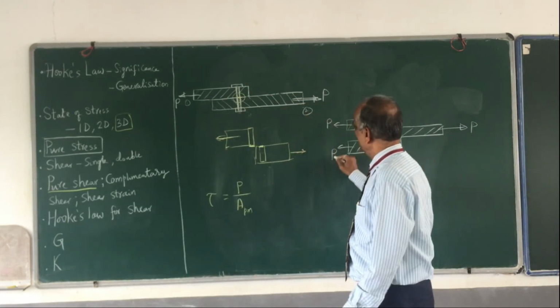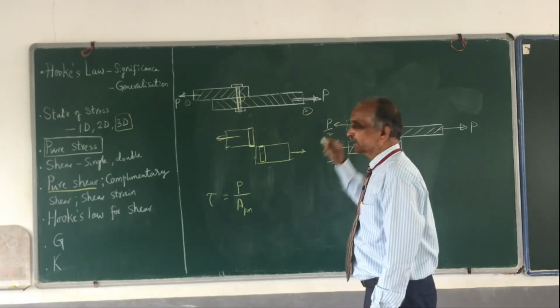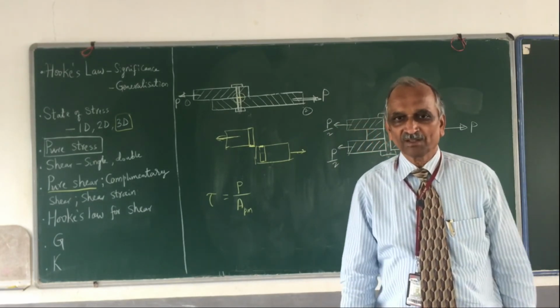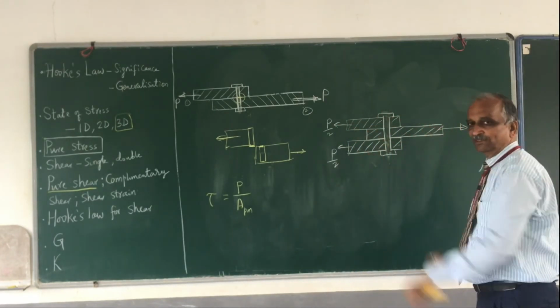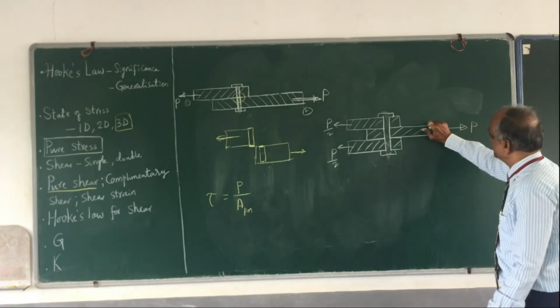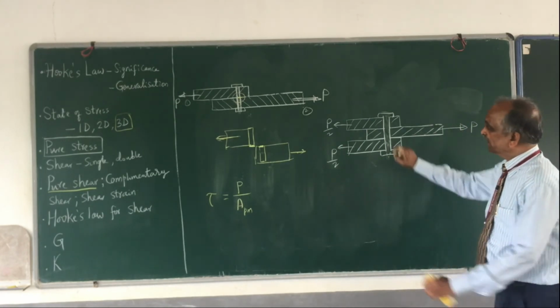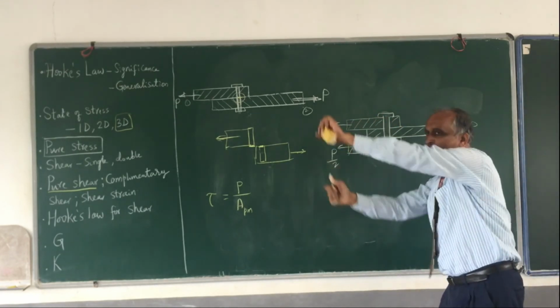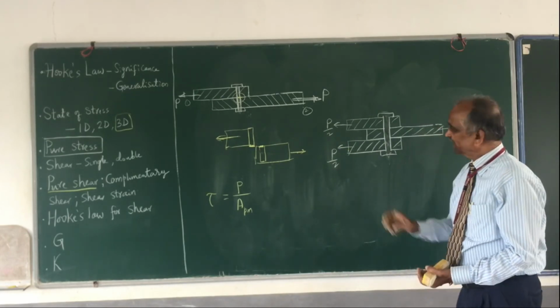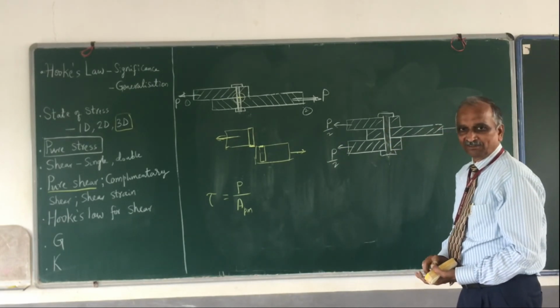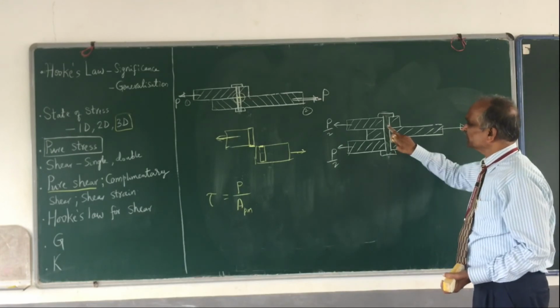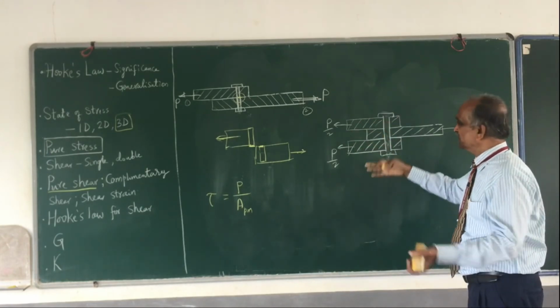So therefore this is not P, it is P by 2, and this also is P by 2. Now the whole unit remains here only. Now this is being pulled this side, and these 2 plates are being pulled this side. Okay, the pin remains there only, and this load is continuing to increase till it fails.